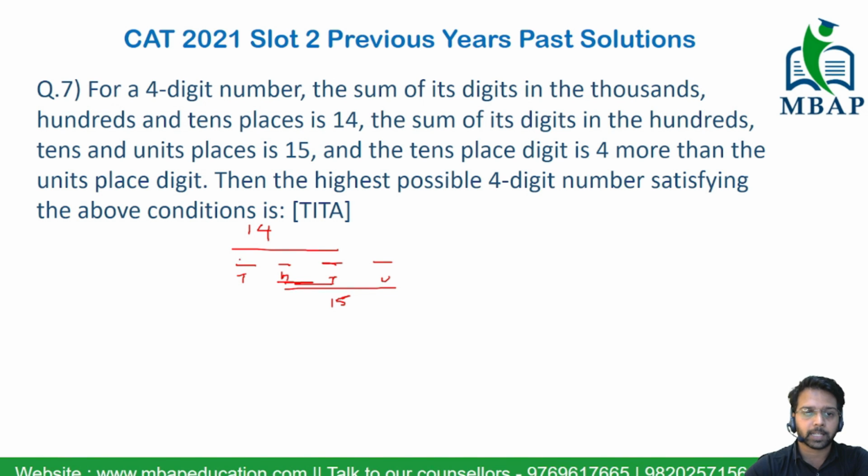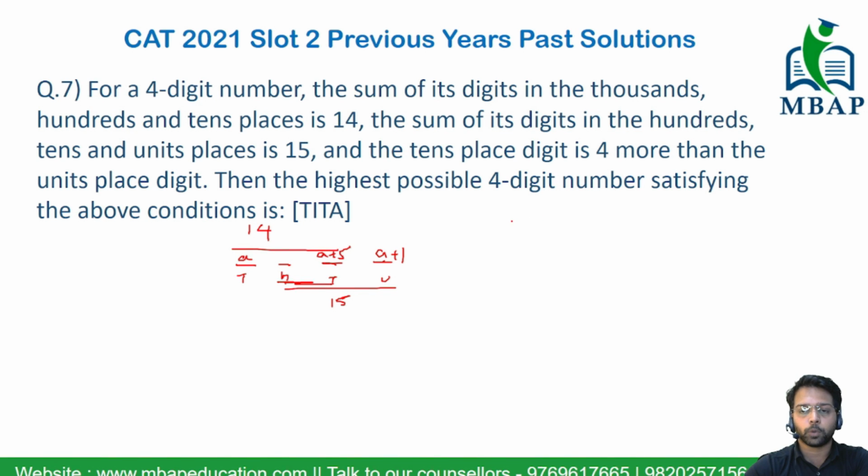Let me assume the thousands digit to be a, and the units digit will be a plus 1, and the common ones are the hundreds digit and the tens digit. It has also been given to you that the tens place is 4 more than the units place. So if the units digit is a plus 1, the tens digit will be a plus 5.